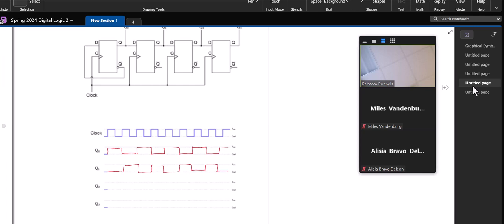And then Q2 is not going to change at all until it first gets a signal that Q1 has changed. So it's going to be lagging behind Q1 by 1. And finally, the last one, Q3, will be lagging 1 behind Q2.